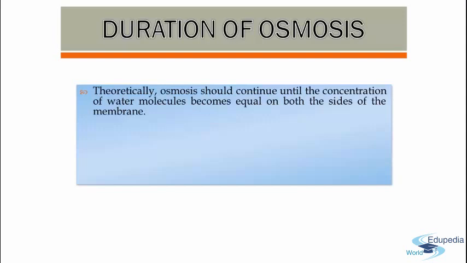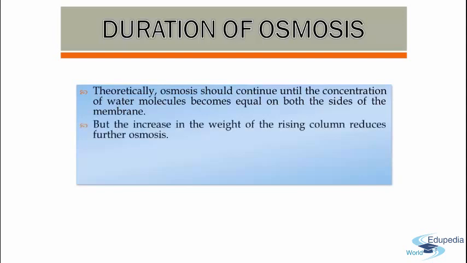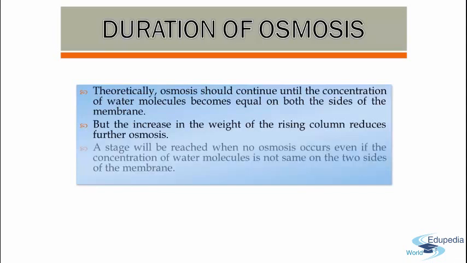But in the experiments that we have seen before, the column of the sugar solution in the thistle funnel keeps rising upwards with the influx of water from the beaker, and with it the weight of this column of the solution also increases. So such an increase in the weight of the rising column reduces further osmosis.